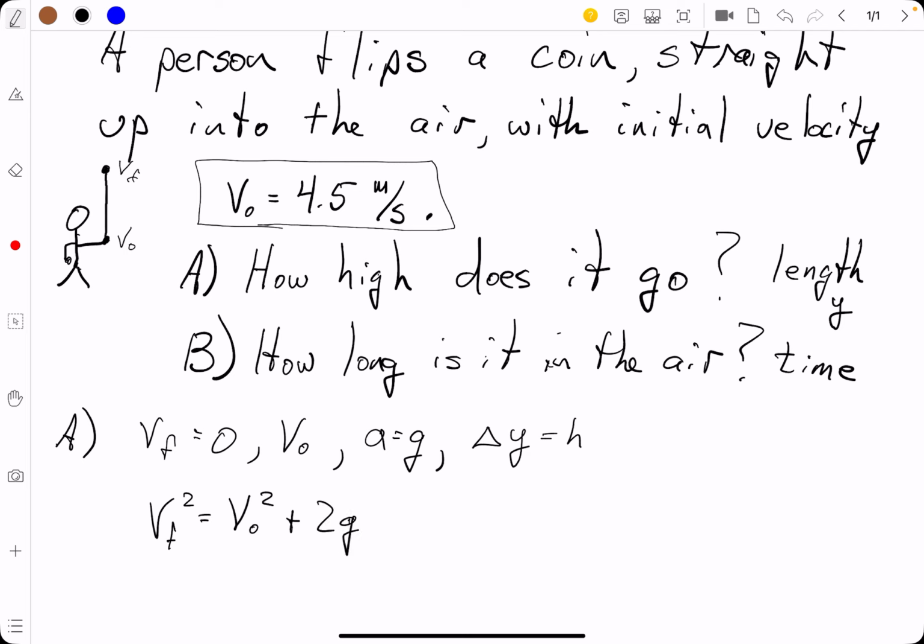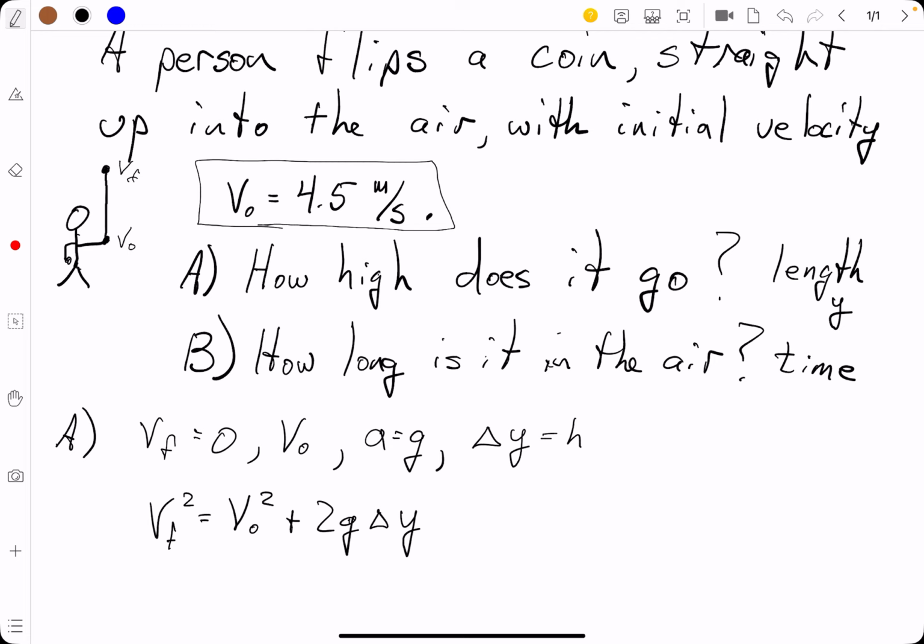Let's do delta y. Now all I have to do is define what's up and what's down.